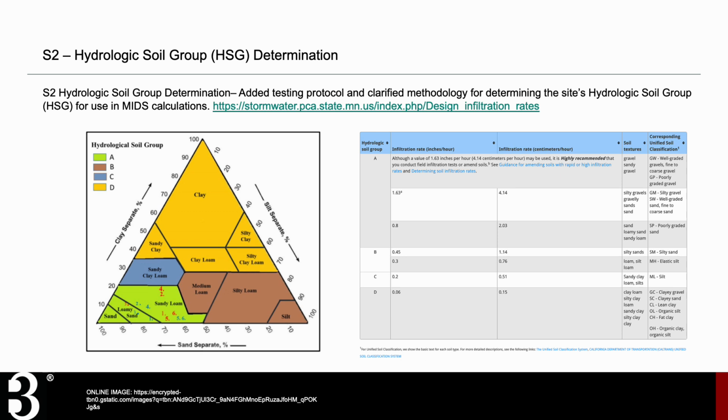We encourage project teams to try and establish their HSG as early in the process as possible, just given that if you have D or C-type soils, it can be extremely hard to meet the volume reductions that are required on-site if you have a soil condition, whether it's the actual composition of the soil or a constraint, to meet that volume demand.